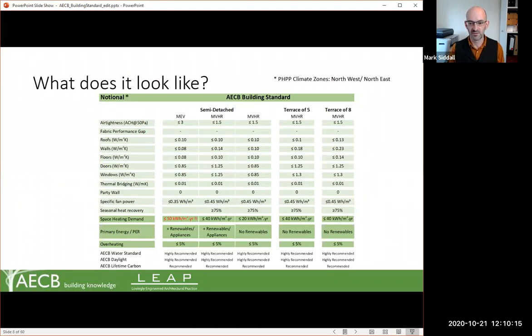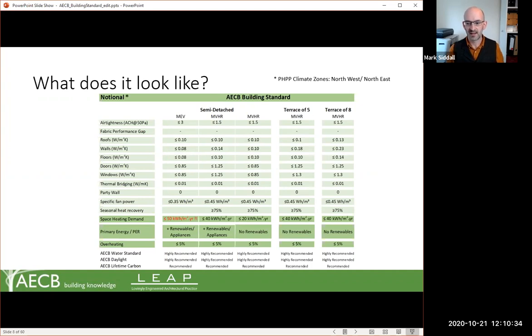If we move to the terrace of 5 and the terrace of 8, then what we can see here is that the fabric U values can be relaxed quite considerably. So having a good form factor, as Passivhaus designers would think of it, really works in your favor.